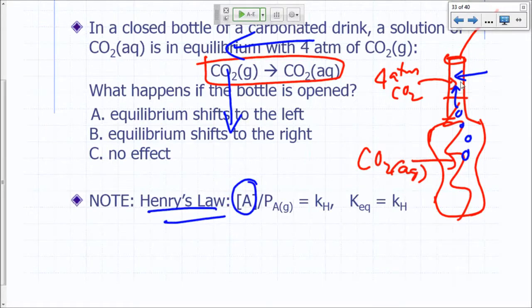So the concentration of A, if A is a gas, dissolved in a liquid is directly proportional to the partial pressure of that gas, and the ratio of those two is what we call the Henry's law constant. So you can see this ratio, concentration of A in the liquid over partial pressure in the gas, is really the equilibrium constant for this. Henry's law constant is really nothing more than just another equilibrium constant.